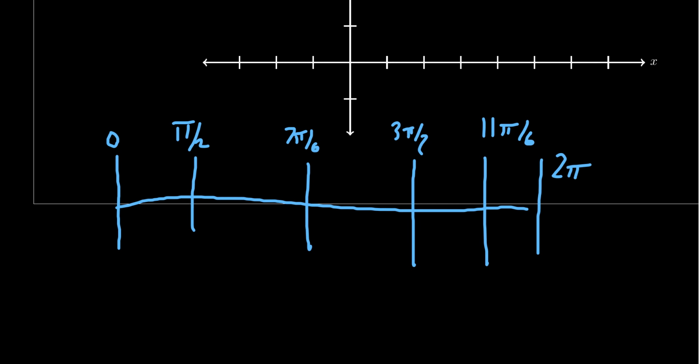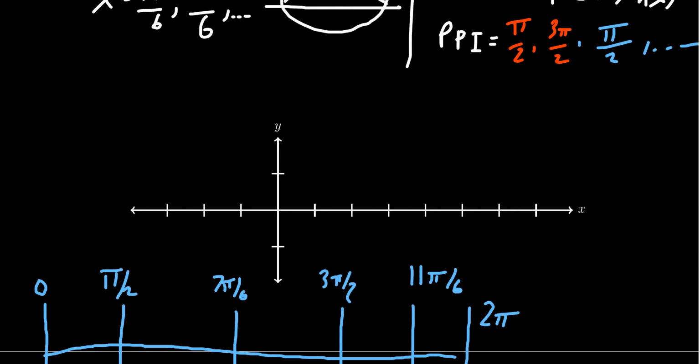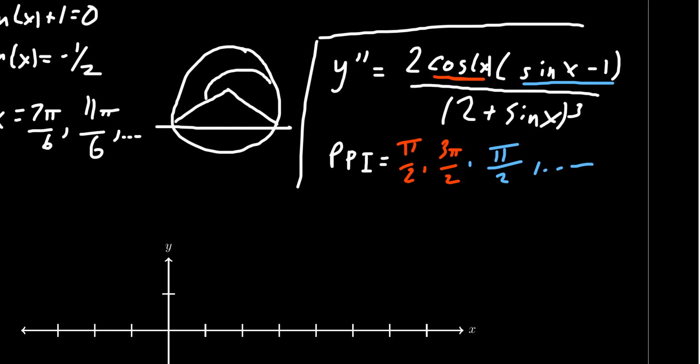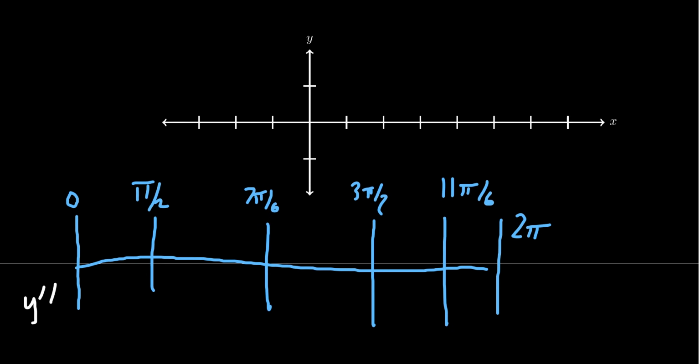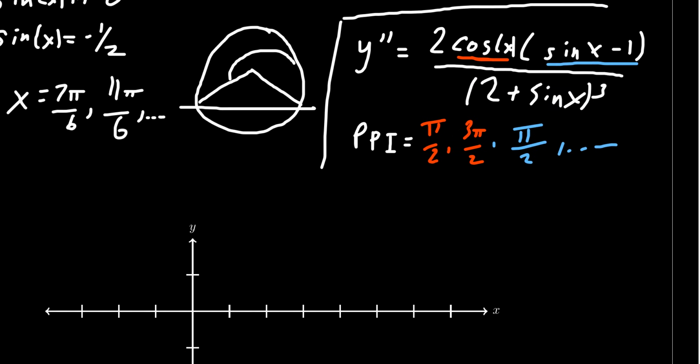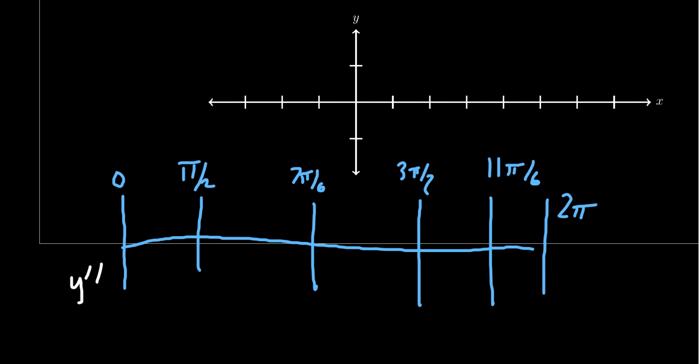And so if we come to the second derivative, let's take a look at it again real quick. Our second derivative, this might be a useful situation to use test points where you plug in specific numbers in these intervals right here. You can always use the factorizations of these things, but however you want to do it, there's ways to do it. You get a negative between 0 and pi halves.